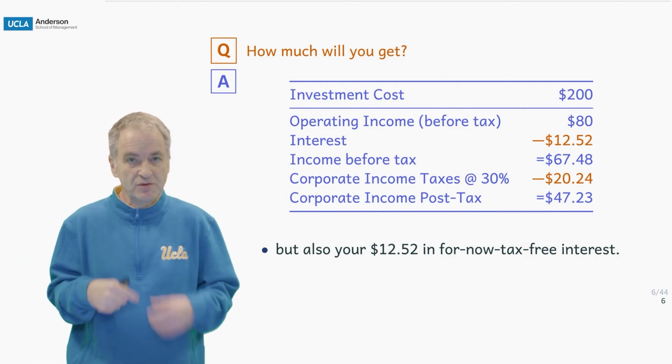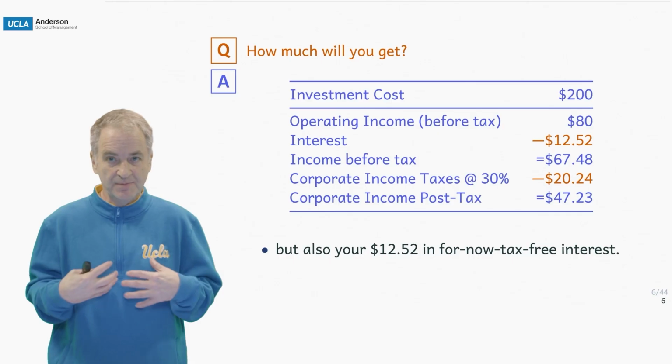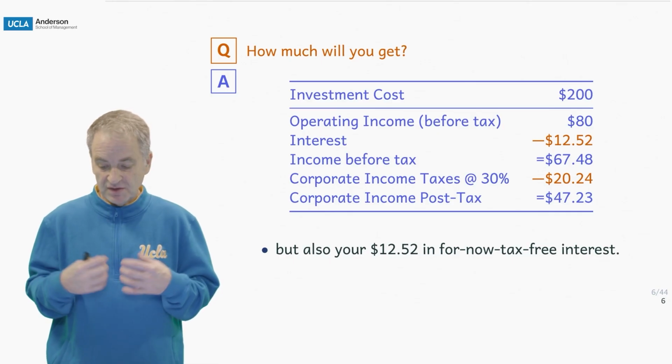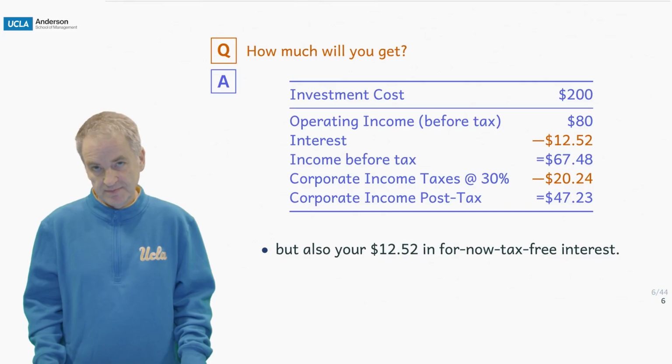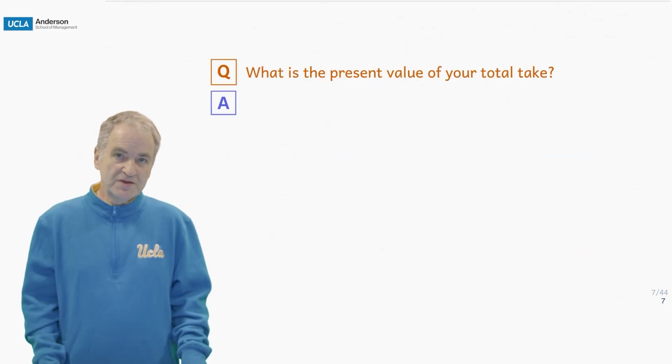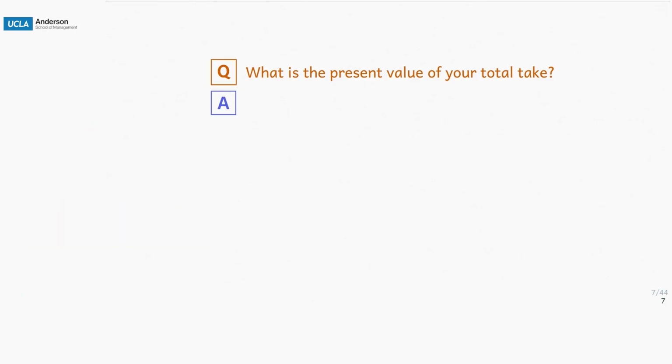You as the institution owning the company never have to pay any tax on what the company pays you in interest. So it's the $47.23 plus the $12.52. What is the present value of your total take now? Please pause this video now, answer the question on a piece of paper, and then continue.